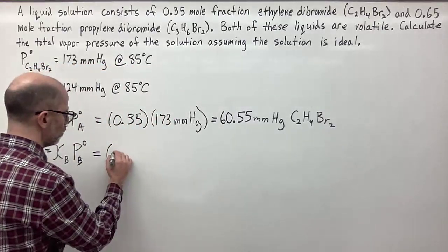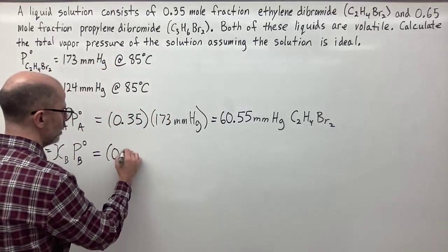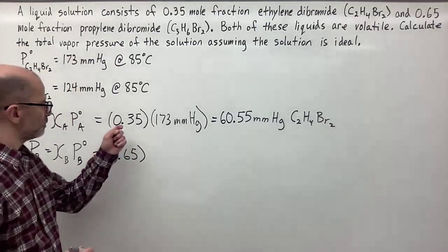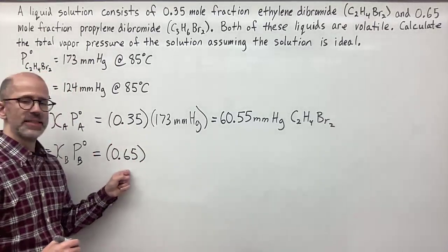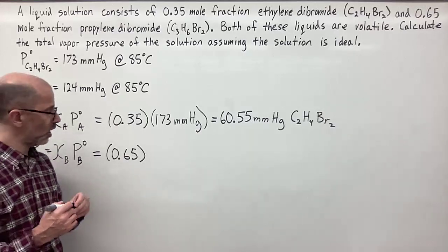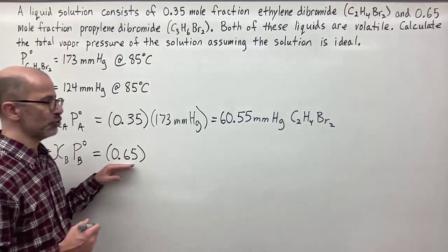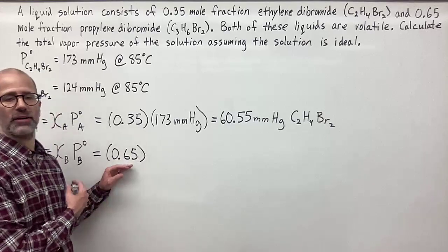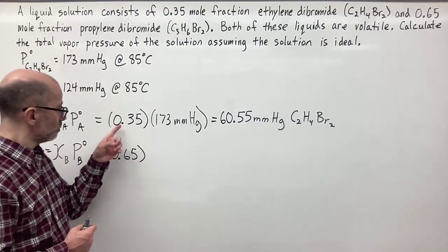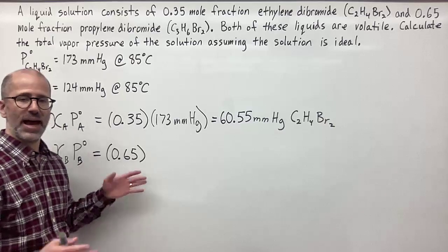So we have the propylene dibromide mole fraction 0.65, and you'll notice that both of these added up equal 1. So that's the total number of substances in the solution. So there's no water in here. We don't need to calculate that for water because the 0.35 and 0.65 add up to 1.